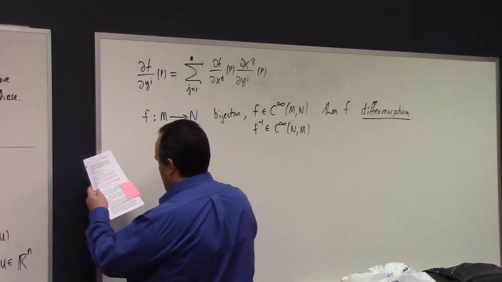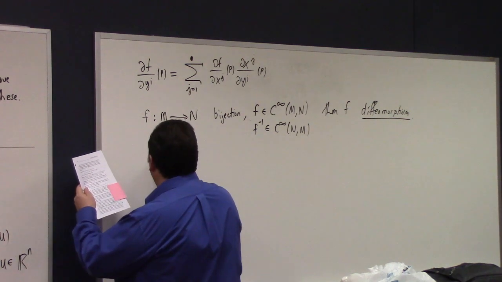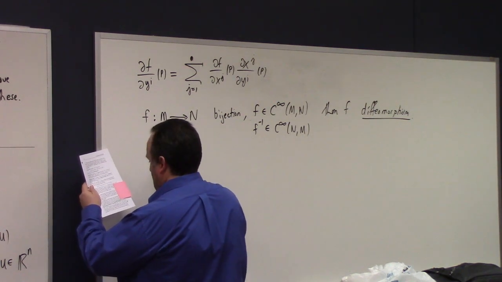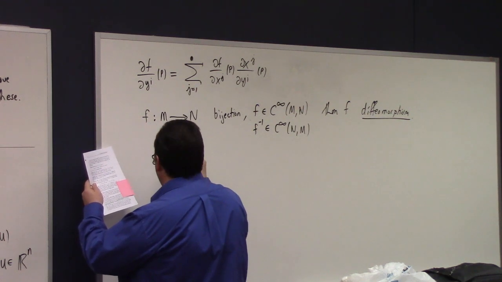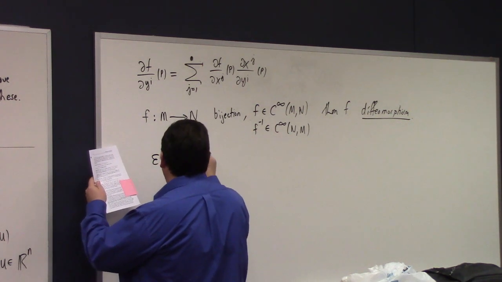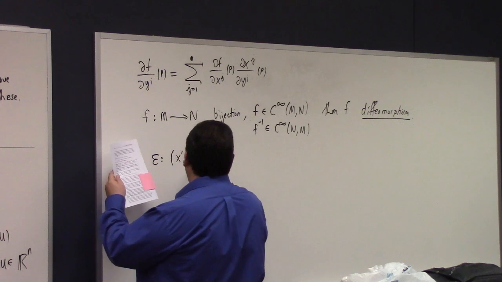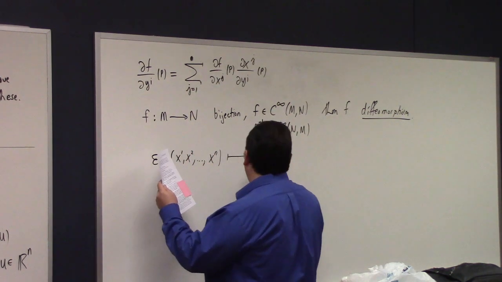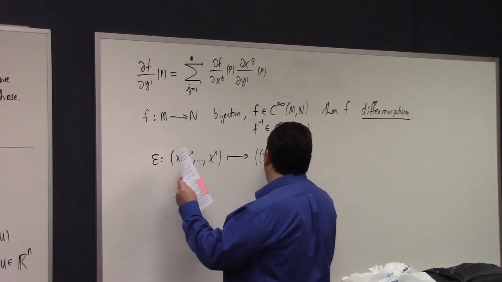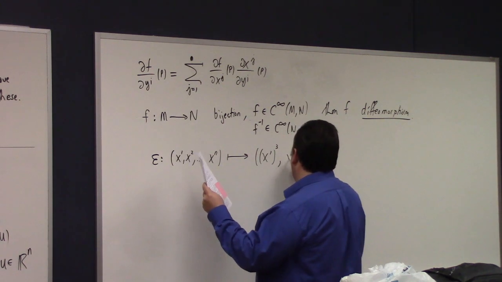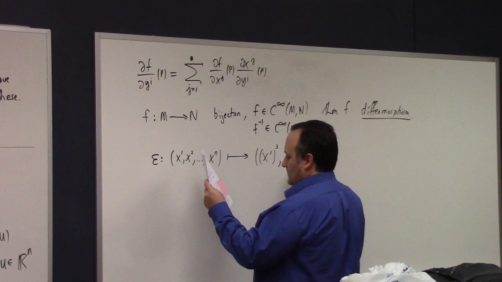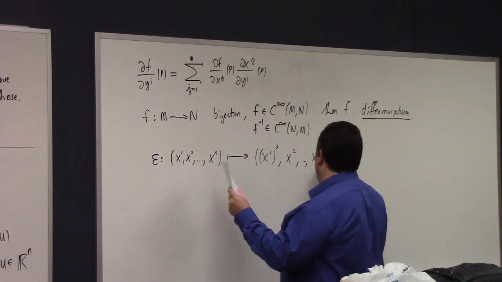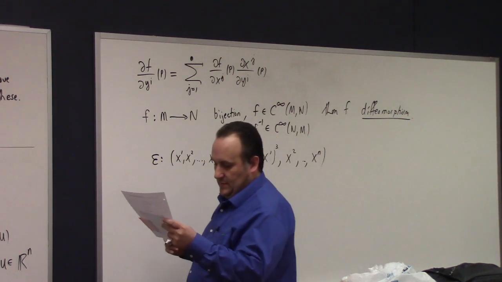So let me show you, this is super cool. If we look at the map epsilon defined by sending x1, x2, ..., xn to x1 cubed, x2, ..., xn.